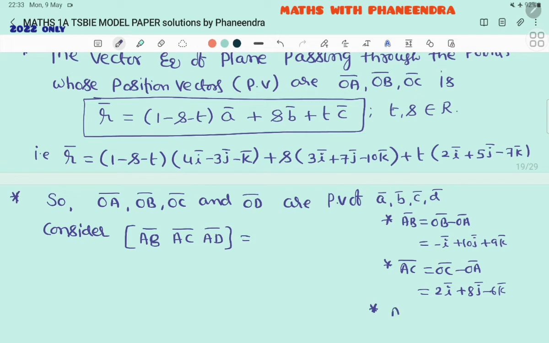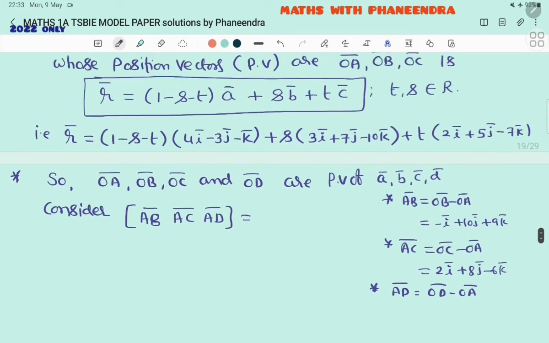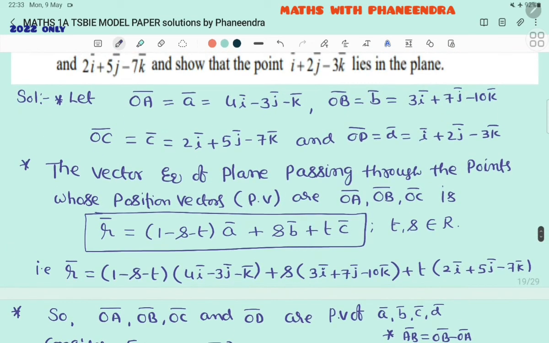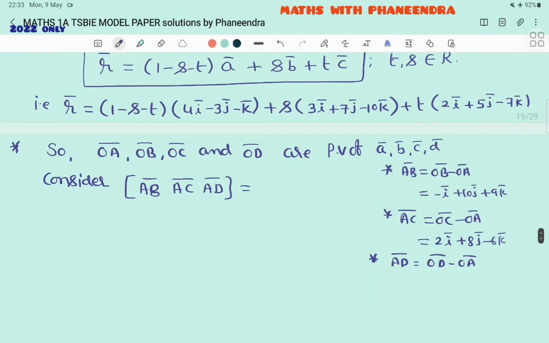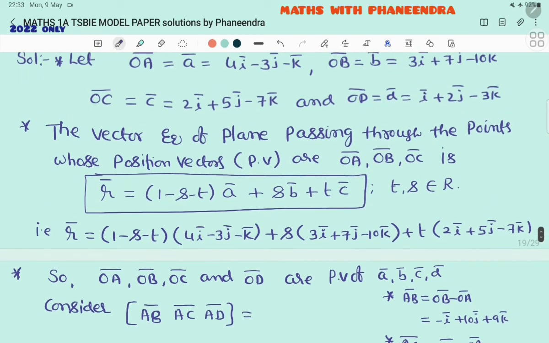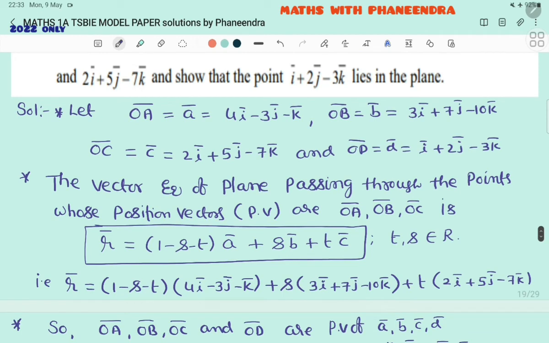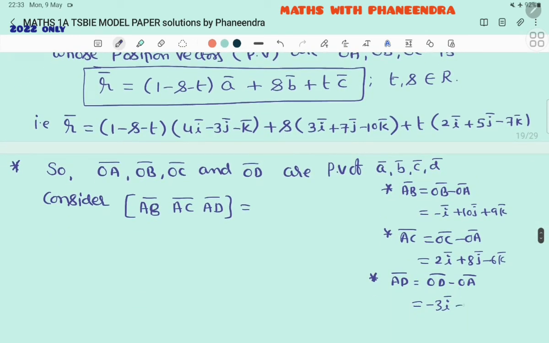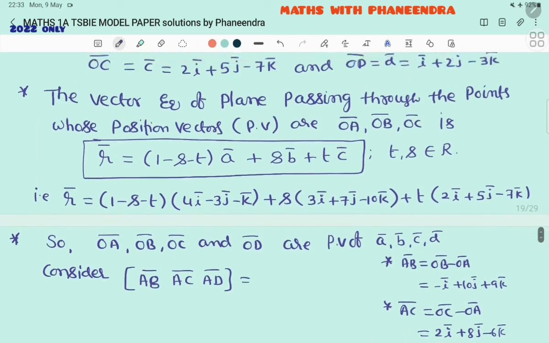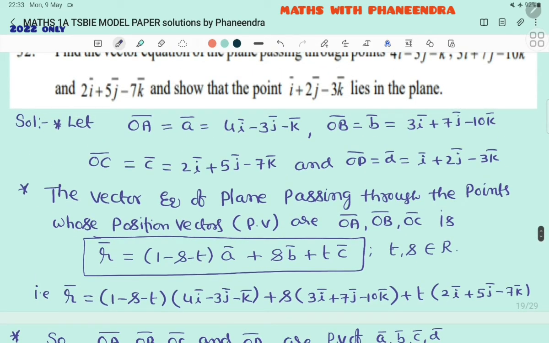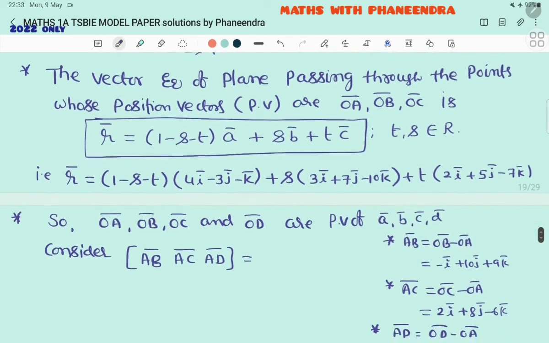Next, AD, OD minus OA. OD minus OA means i minus 4i is minus 3i, 2j minus of minus 3j is 5j, minus 3k plus k is minus 2k.